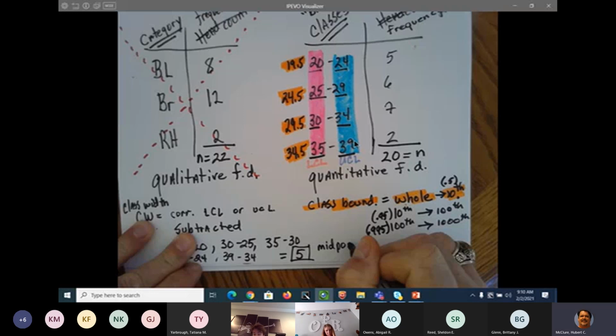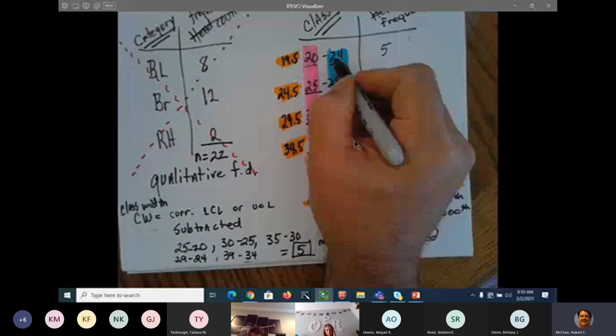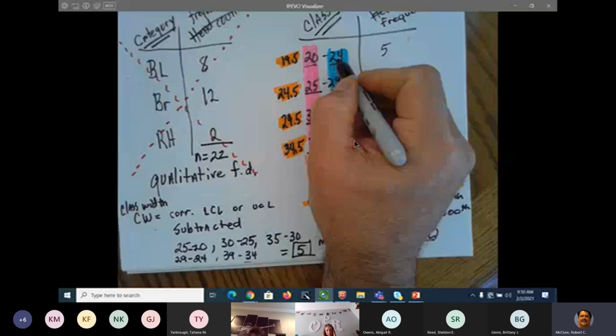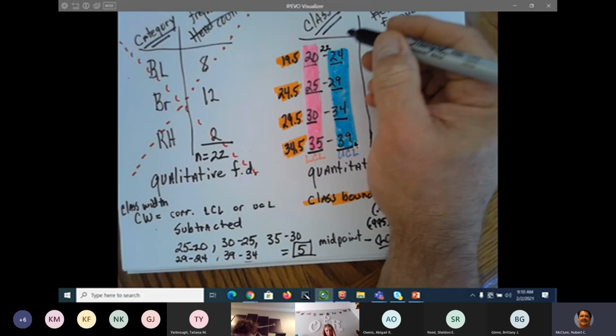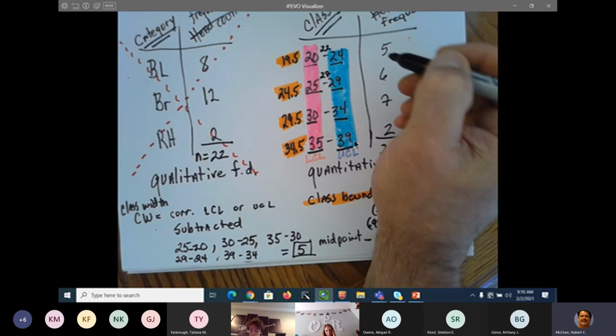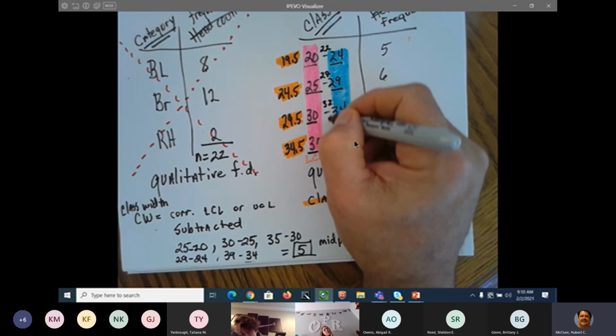So in that case, you're going to do 20 plus 24 is 44. Half of 44 is 22 plus 5 is 27. 27 plus 5 is 32. 32 plus 5 is 37.